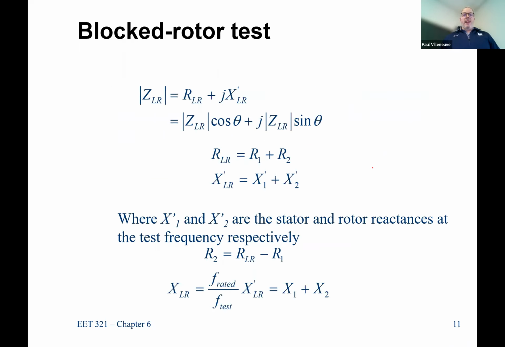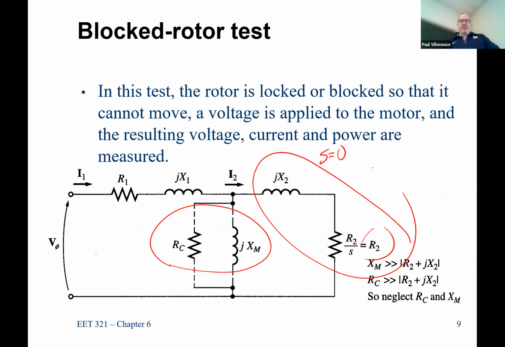So my resistance is going to be R1 plus R2. That's the real part. And my lock rotor reactance is going to be X1 plus X2. That's all I'm left with. These two and those two. The RC and the jXM are out of there.